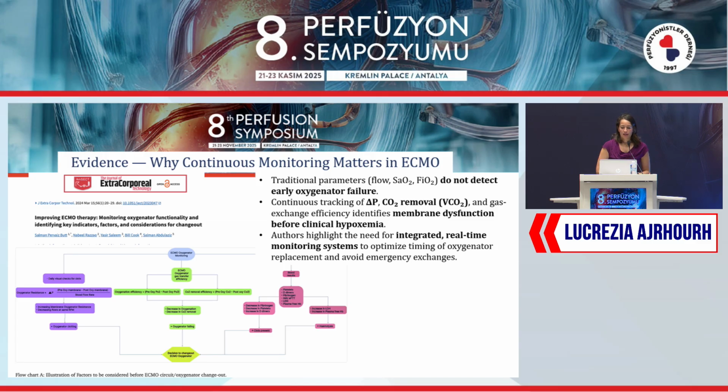This recent study by Butts and colleagues focuses attention on improving ECMO therapy through better monitoring of oxygenator performance. The authors, in fact, analyzed the clinical and technical parameters that can indicate early oxygenator deterioration, aiming to define key indicators for safe and timely change-out.